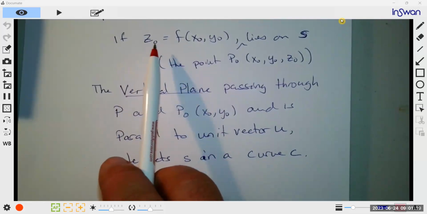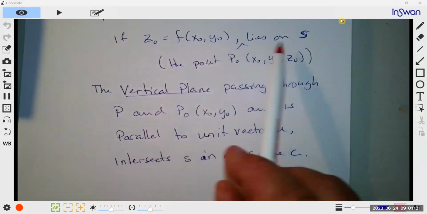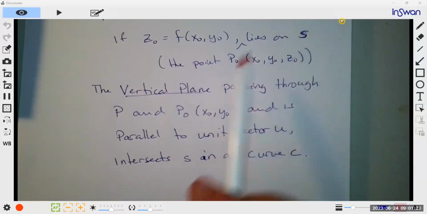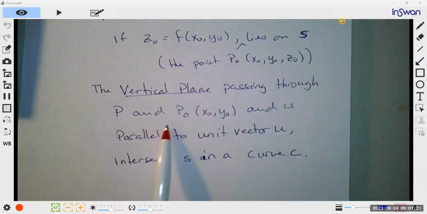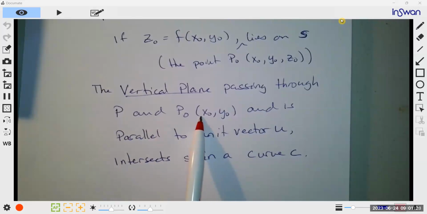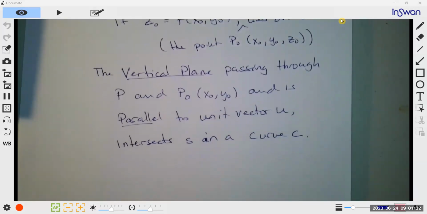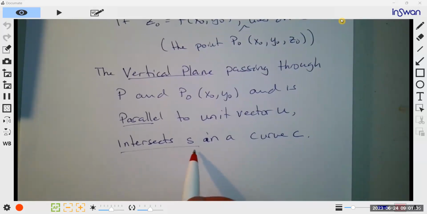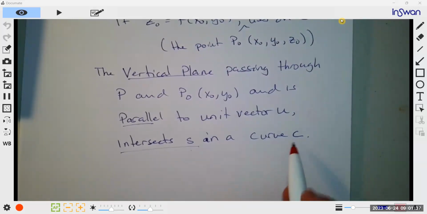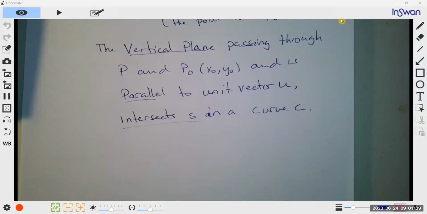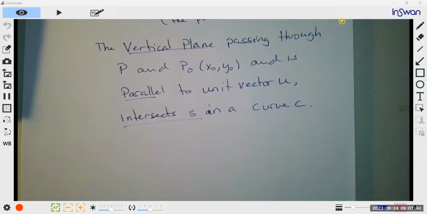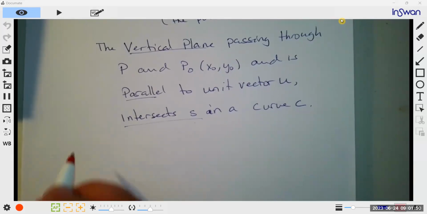If at some initial point z sub 0 the point lies on S, then the vertical plane passing through the point P and P sub 0 is parallel to the unit vector u, and it intersects the surface in a curve C. So it's a plane cutting through a curve in space.